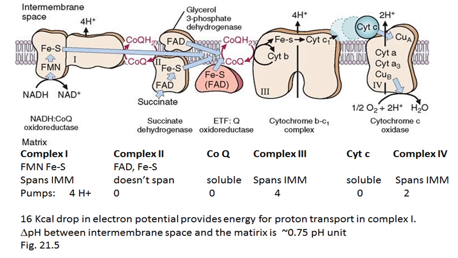The next is complex 2, also known as succinate dehydrogenase. The main difference from complex 1 is that succinate dehydrogenase is not involved in proton pumping, so it doesn't pump protons like complex 1.